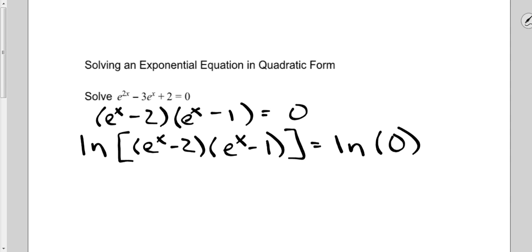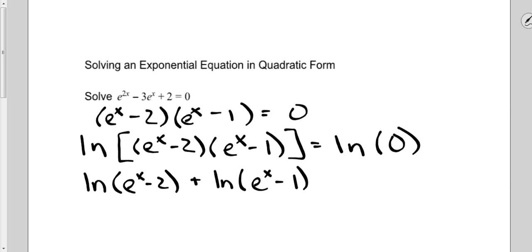Separate the two parentheses, utilizing what property? The product property. So then I got natural log of e to the x minus 2 plus the natural log of e to the x minus 1 equals natural log of 0.